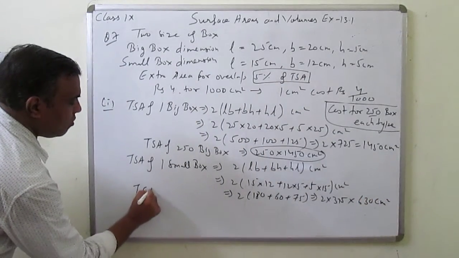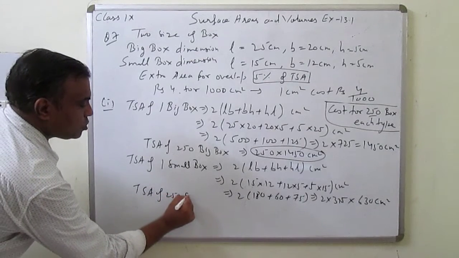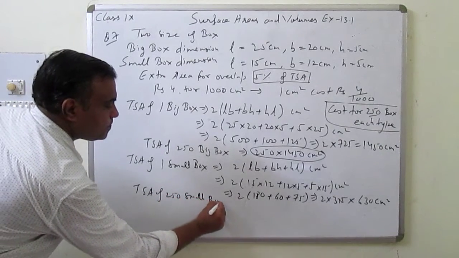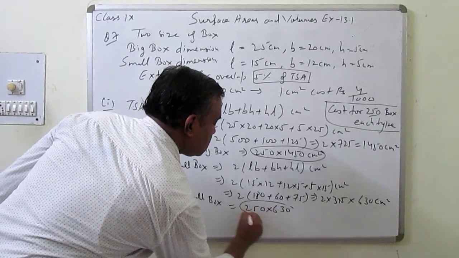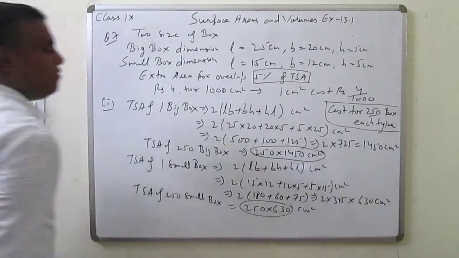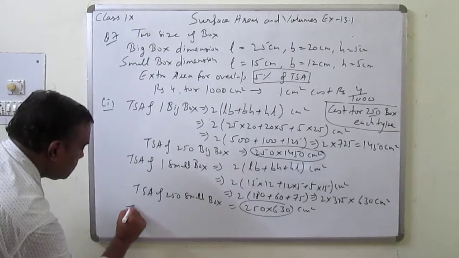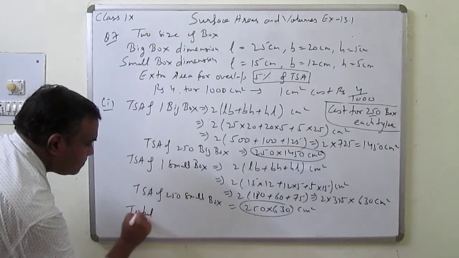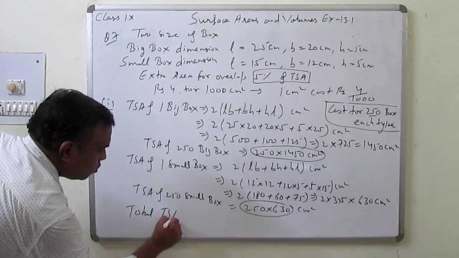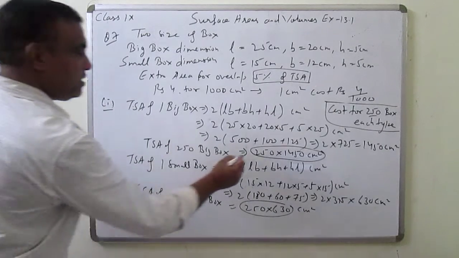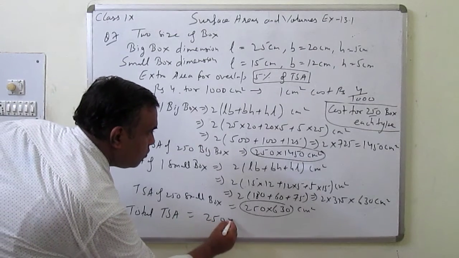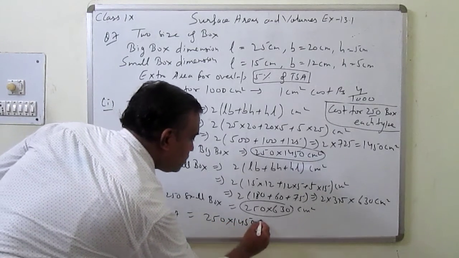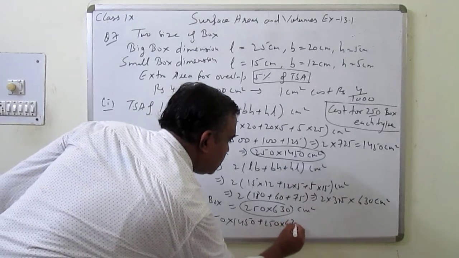So TSA of 250 small boxes कितना हो जाएगा? 250 into 630 centimeter square. Now what is the total TSA? Total TSA दोनों को जोड़ दें. So total TSA is equal to 250 into 1450 plus 250 into 630.